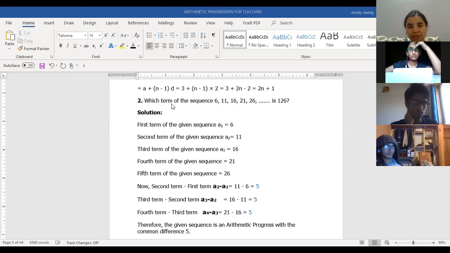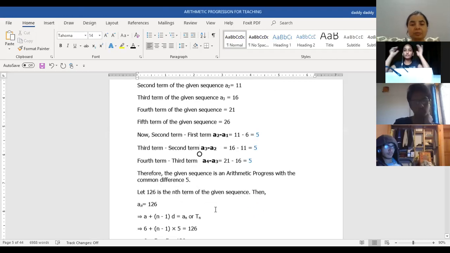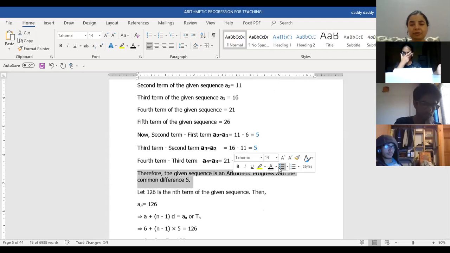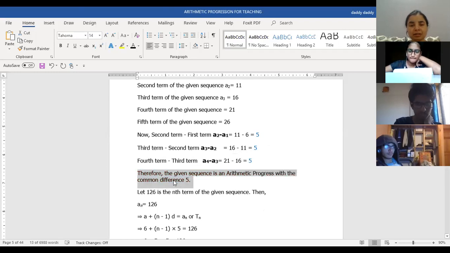If the question is like this, where they are not telling you that it is an AP, please find out the differences between the terms, and then check whether the differences are the same or not. If they are the same, then the given sequence is an AP. So you will say like this: since the common difference is 5, the given sequence is an AP.